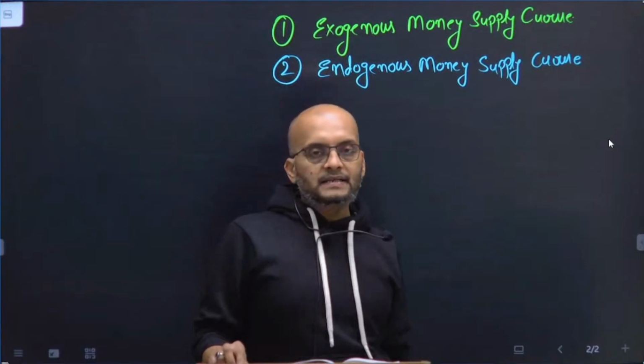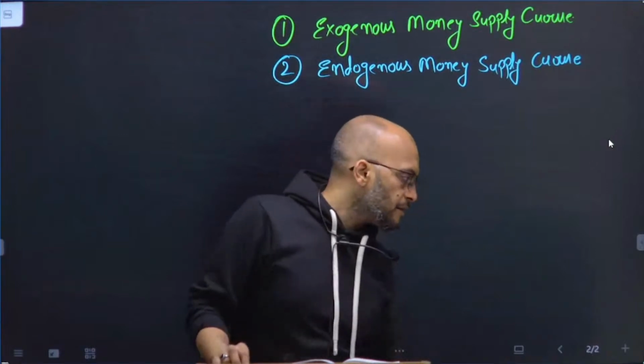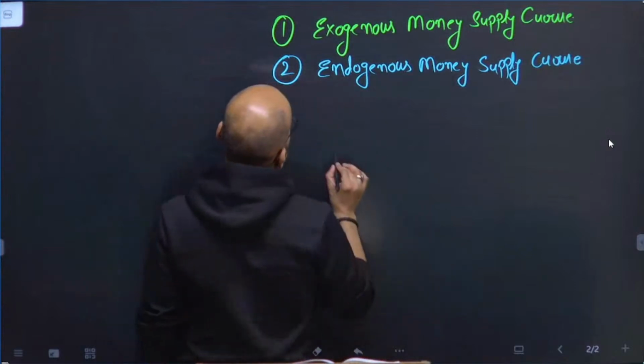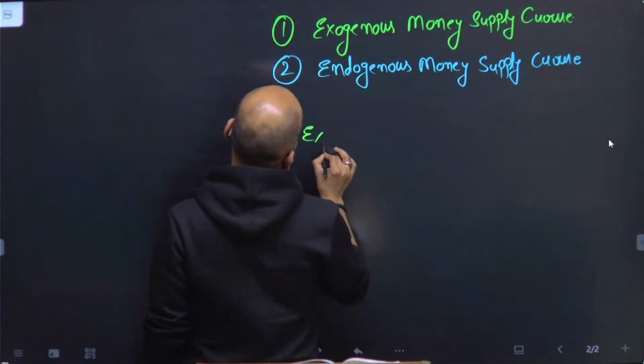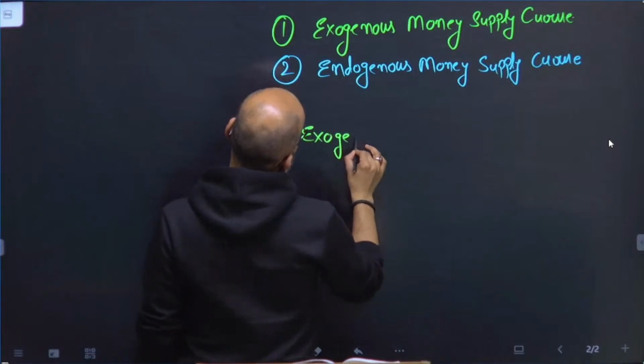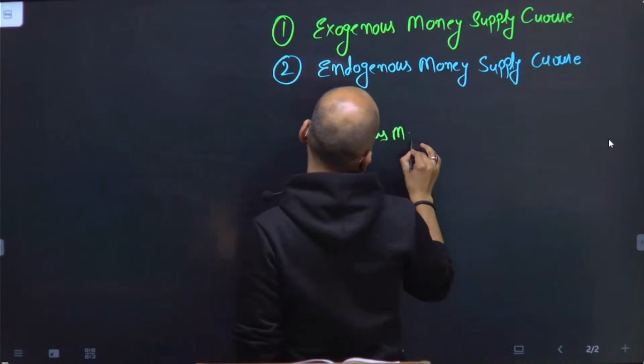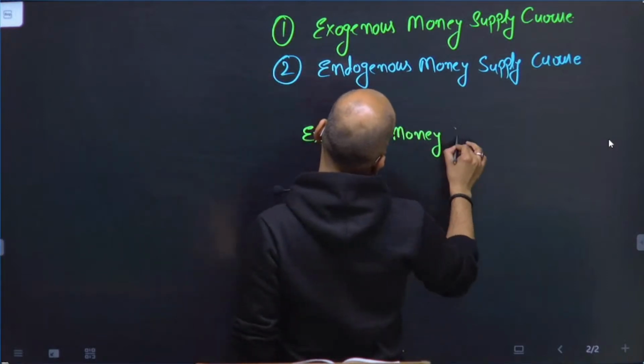Now let us discuss them one by one. So first I am going to talk about exogenous money supply.